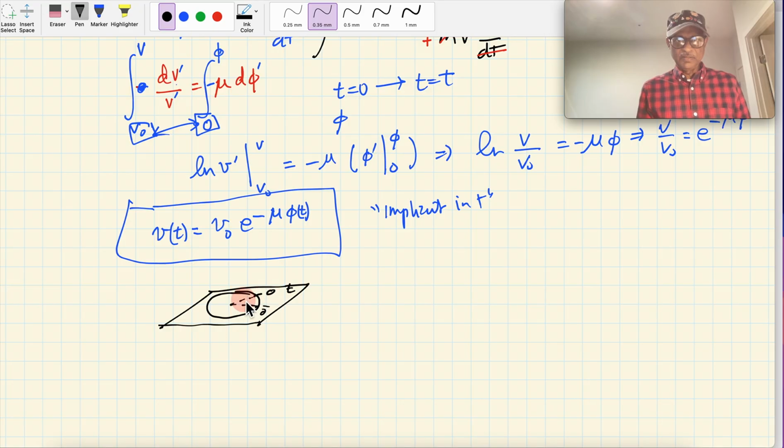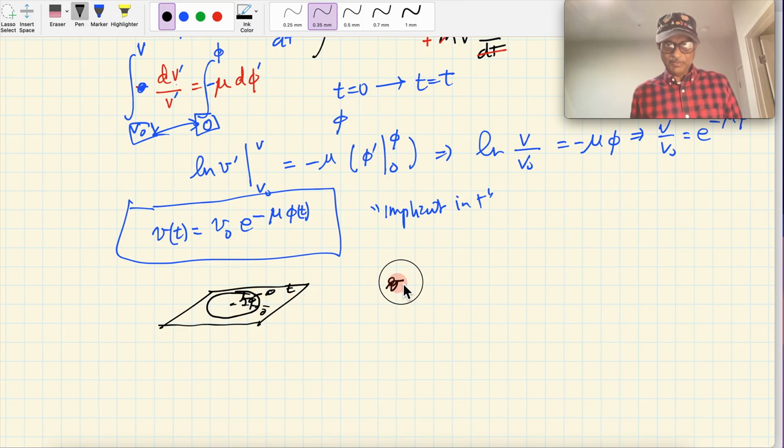So this is phi, and this is L. So phi of t is going to be, let's see, I got L theta, or L phi.